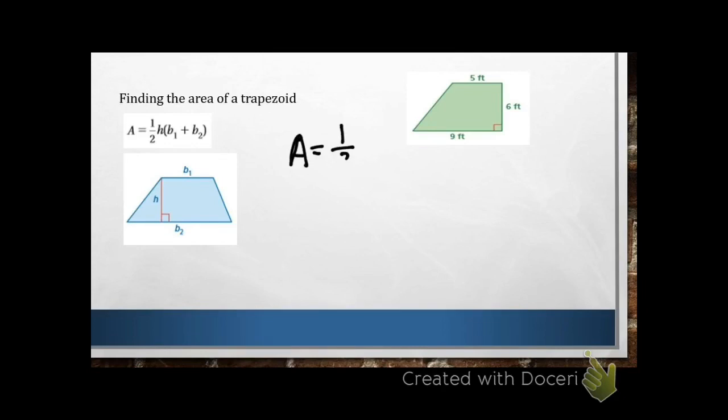We're always going to start off with our formula, so write that first. I'm going to give you the opportunity to see if you can fill in all the numbers correctly.